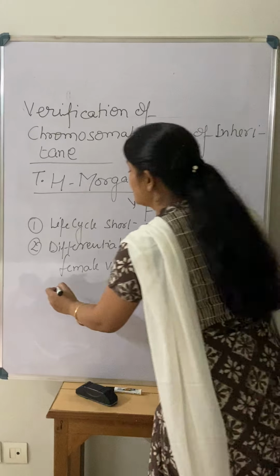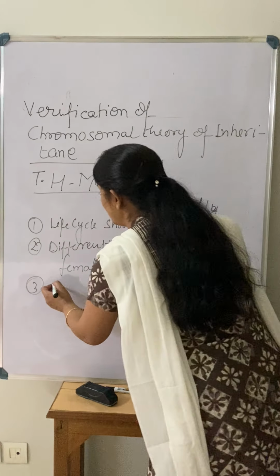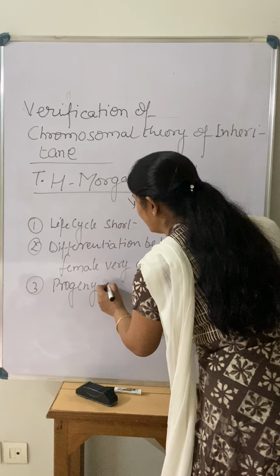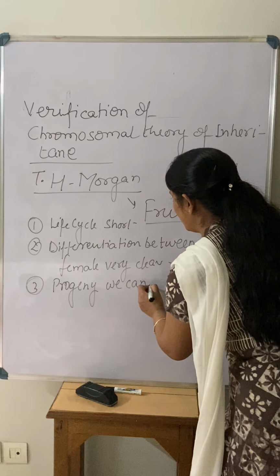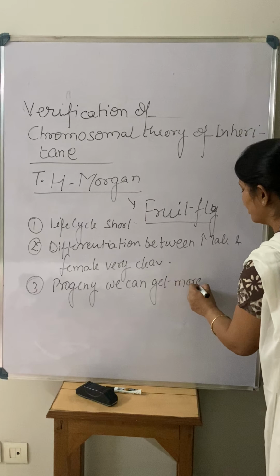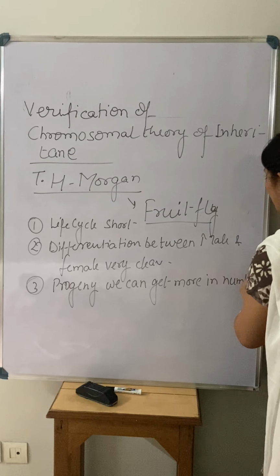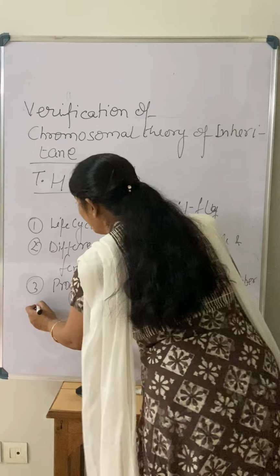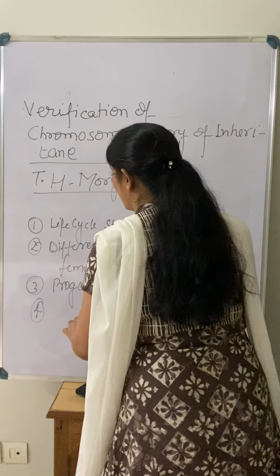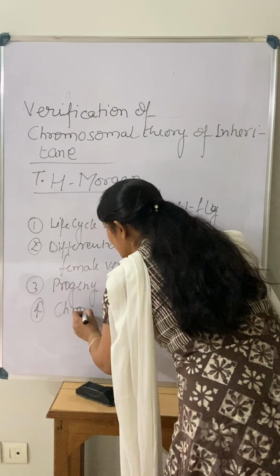Then, in a single step, when the next progeny comes, we get progeny in more number, and for the experiment they need more. Along with that, the chromosome number is small, so the study is very clear.